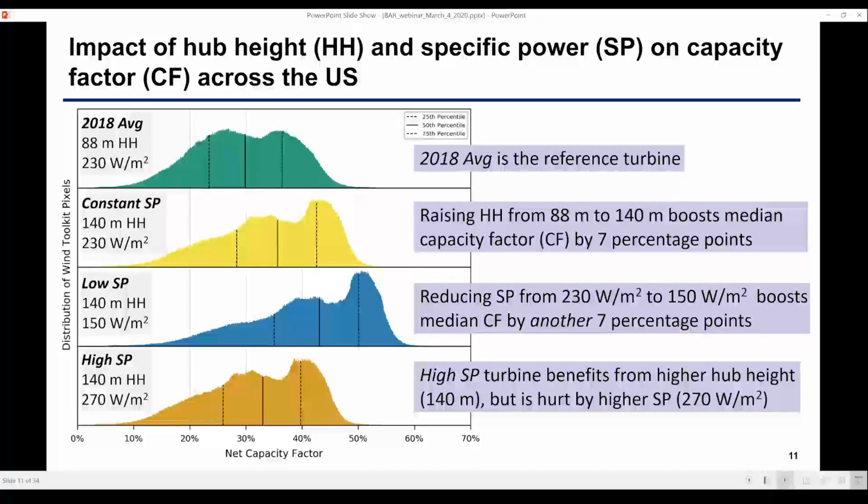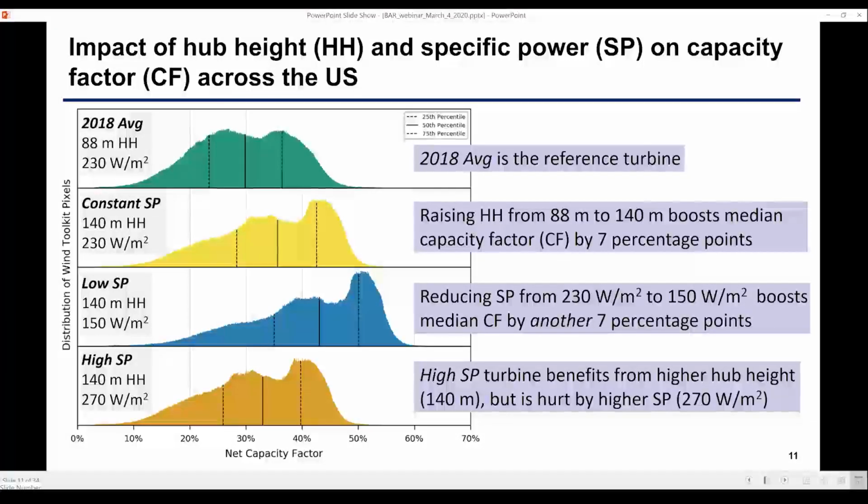There we go. With those turbines in hand, to make this geospatial in nature, we applied those turbines to every geospatial pixel for wind resource data that we have in the US. Those results in terms of net capacity factor are shown on this slide. Starting at the top, you can see the capacity factor results across the whole contiguous US for our 2018 average turbine.